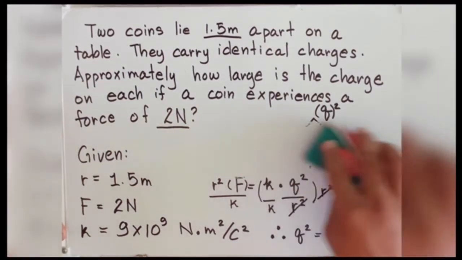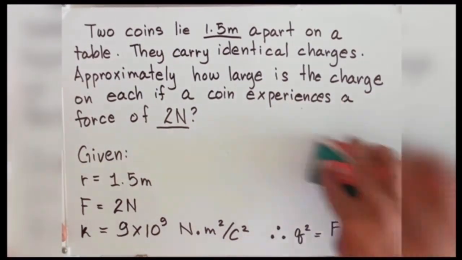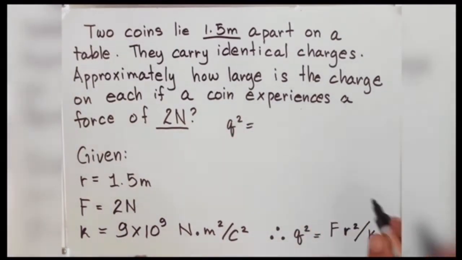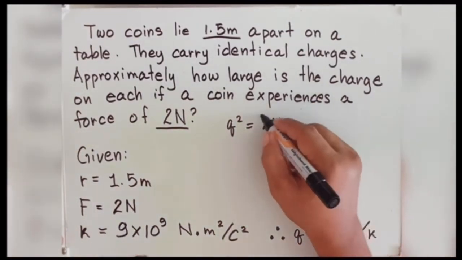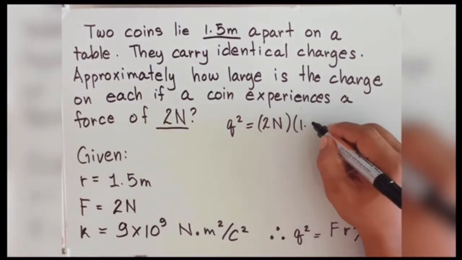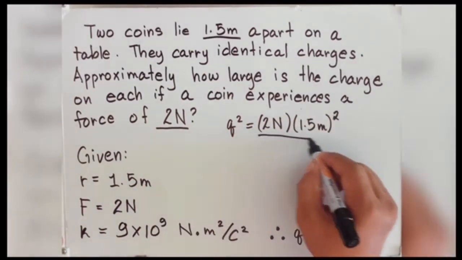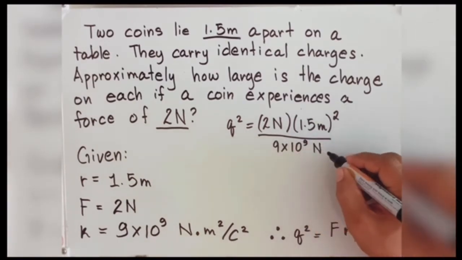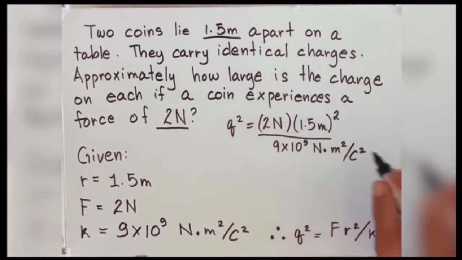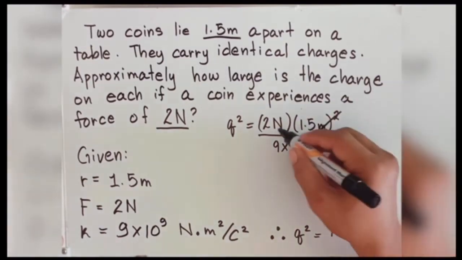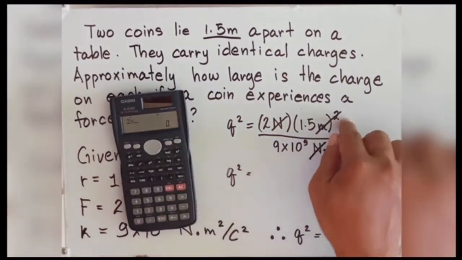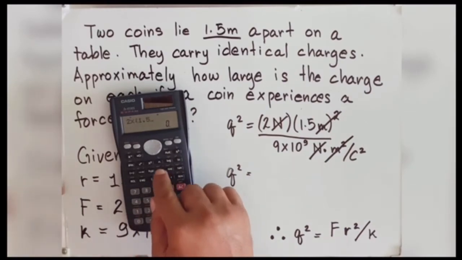So let's erase that and transfer the new formula on top. Q raised to the power of 2 is equal to, our F is 2 newtons, distance is 1.5 raised to the power of 2, over 9 times 10 raised to the power of 9 newton meter squared per coulomb squared. We cancel the common units.